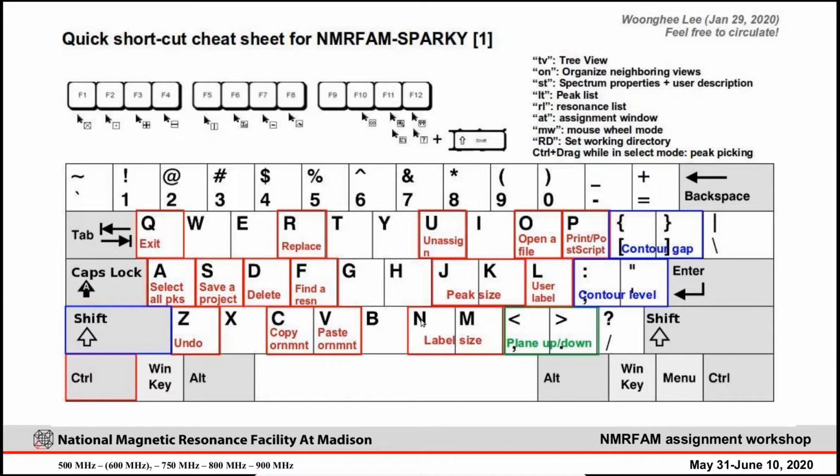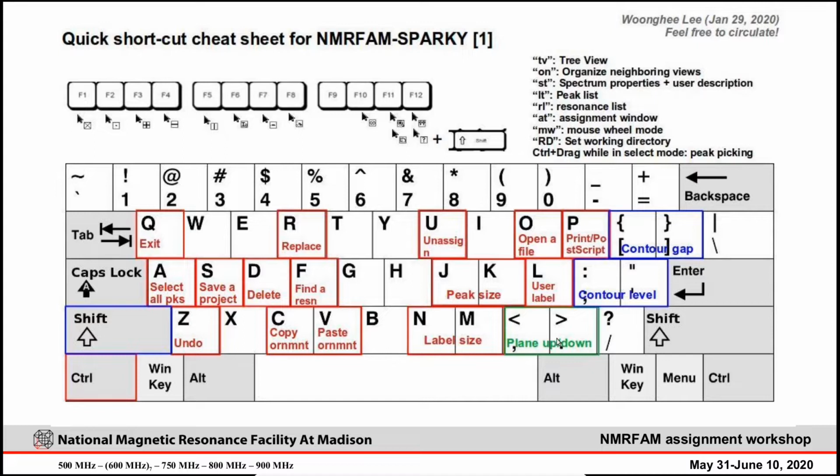So you will get to that point when actually using these features. And contour level could be changed by semicolon and single quotation mark. If you hold your shift key, you are telling Sparky, okay, I'm going to change contour levels for negative signals. The contour line gap will be adjusted by brackets too.